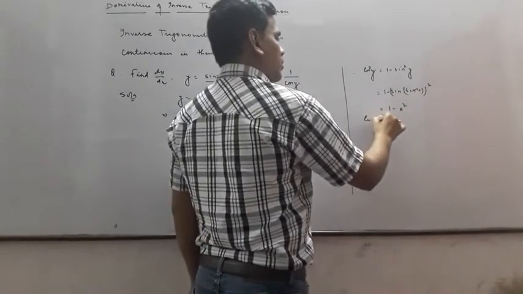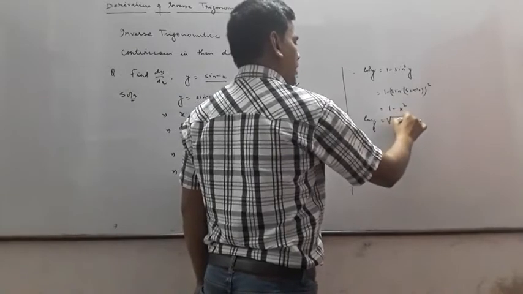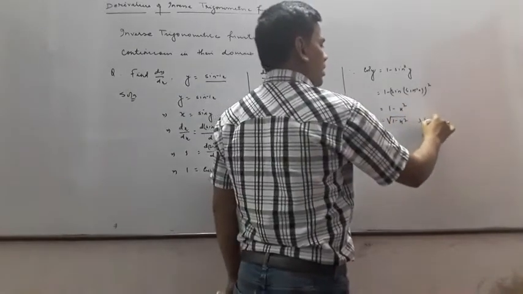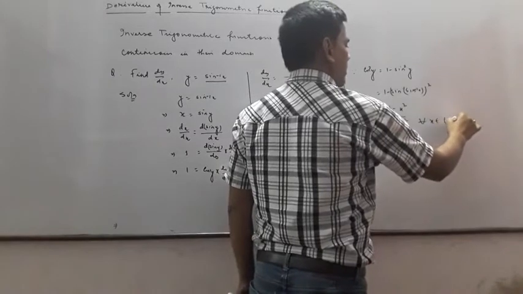So cos y equals under root of 1 minus x square for all x belonging to the open interval minus 1 to 1.